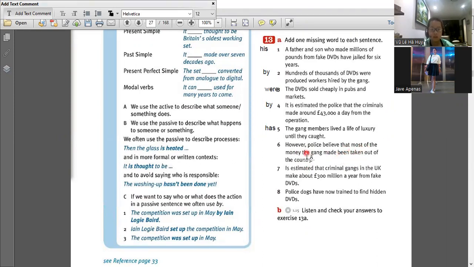Is it have or had? Had been. Had, okay: had been taken out of the country. Number 7.